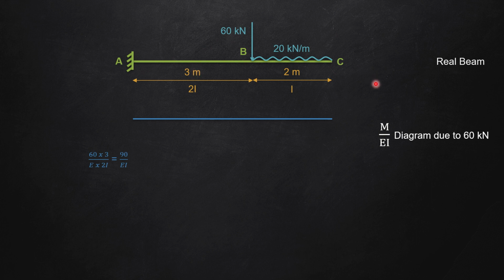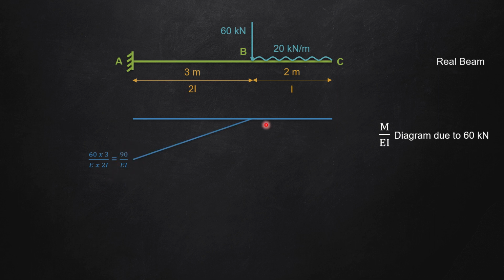And please remember, this is not only M, this is the M by EI diagram. So the M is 60 multiplied by 3, but it is divided by E multiplied by 2I. This numerator is M and the denominator is EI, and if you solve that, it comes out to be 90 divided by EI.